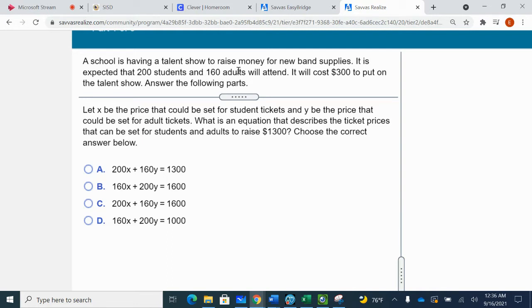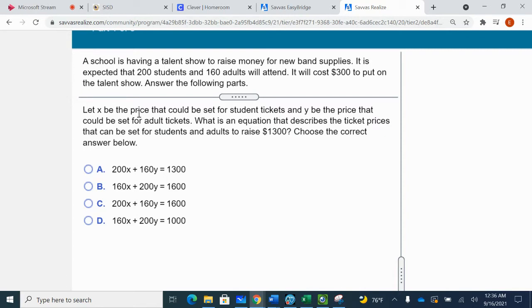So if you're doing this on a piece of paper or you're taking notes or you're writing this in your notebook, again, we should probably start off with that. So I know it's 200 students, 160 adults, and it costs $300 to put on the talent show, right?